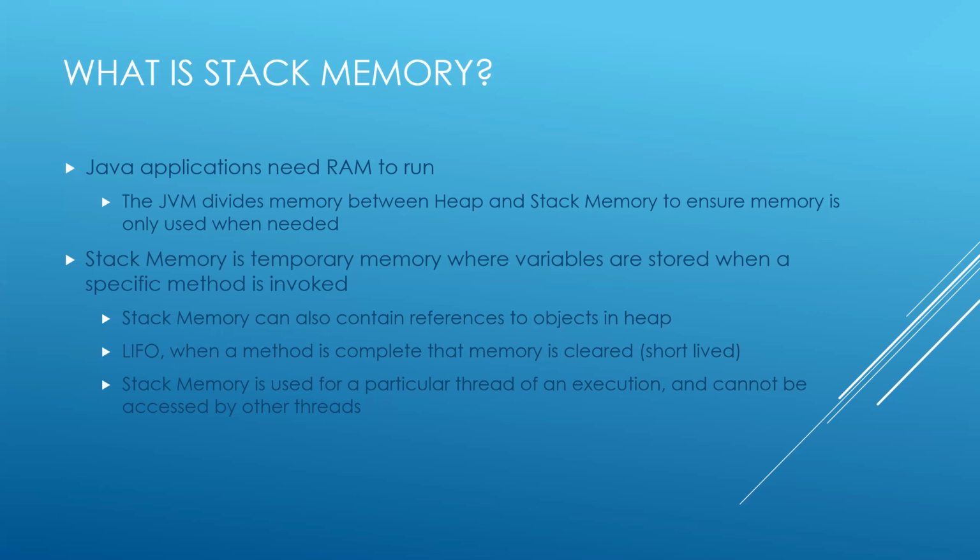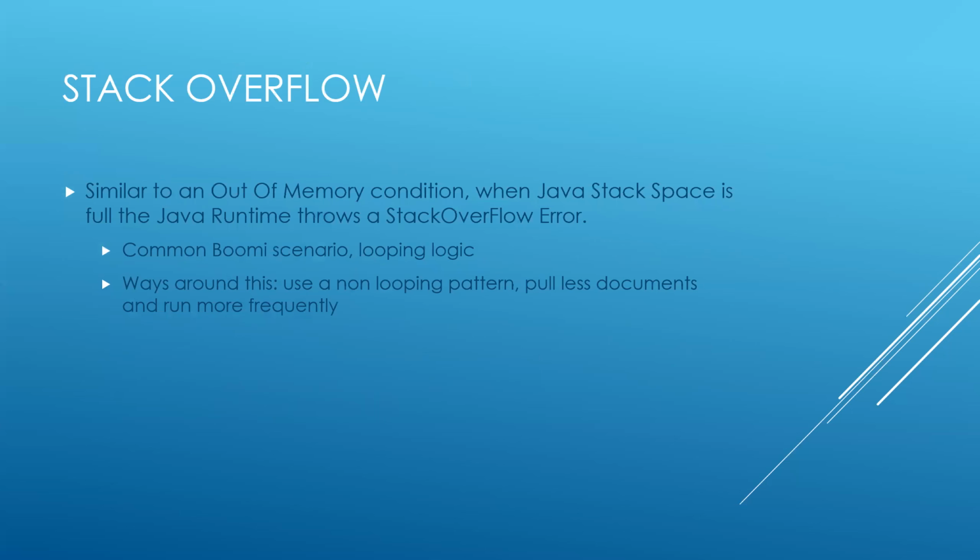But with that said, just think about some of the problems we can see. With heap, we normally see an out of memory condition, like Java out of memory, heap space, something along those lines. When you run out of stack space, the Java runtime is going to throw a stack overflow error. That essentially means that this specific stack space is not short-lived.